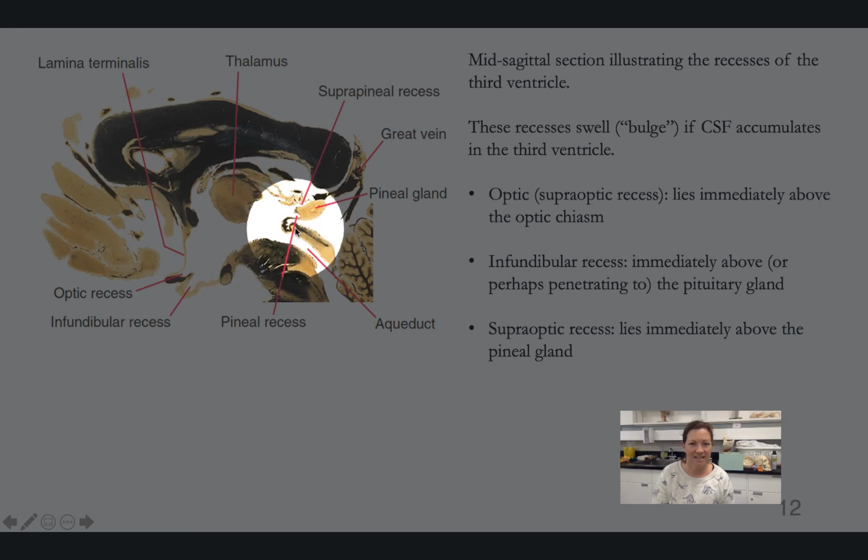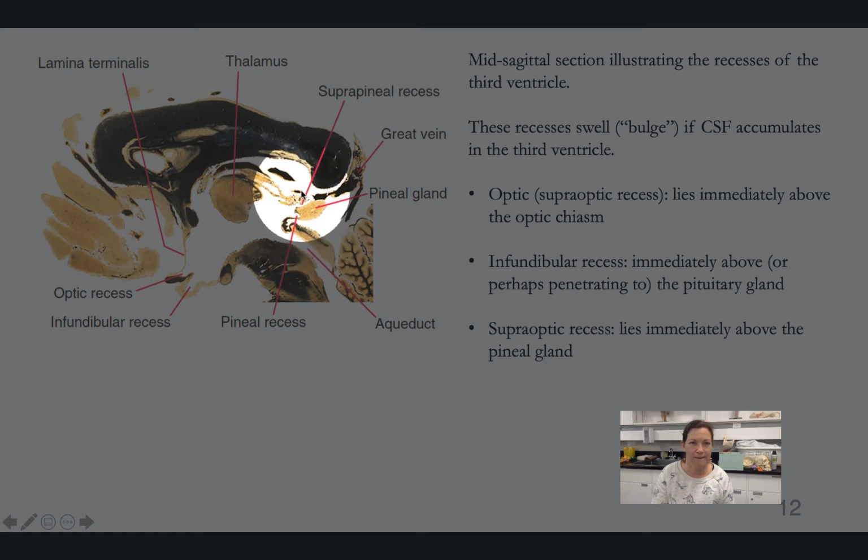A pineal recess. That's an interesting mistake. This should say suprapineal recess because it lies immediately above the pineal gland, and then we have the pineal recess immediately adjacent, or perhaps just a bit below the pineal gland.